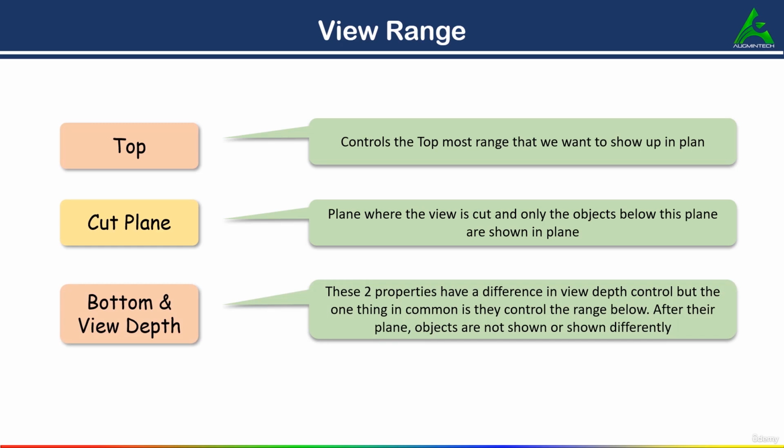If you want to see that object, suppose at a depth of -2 feet below the ground, you have to do this setting in view depth. How far below the ground you want to see, you have to set that value. As per that, the object will be visible in your plan view.